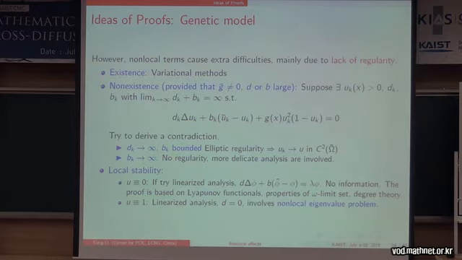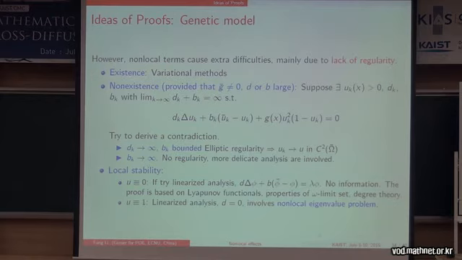Then the rest will be bounded, and you can apply elliptic regularity. You will have very strong convergence of uk in C2 space. However, when the rate of the non-local term goes to infinity, there's no regularity at all. So the situation becomes more delicate.